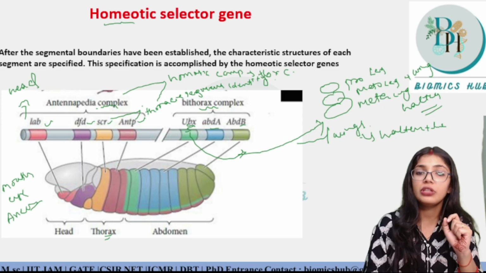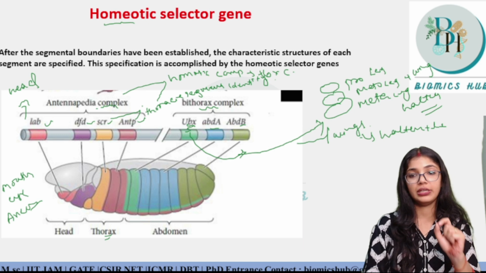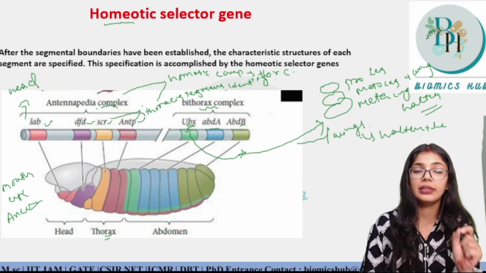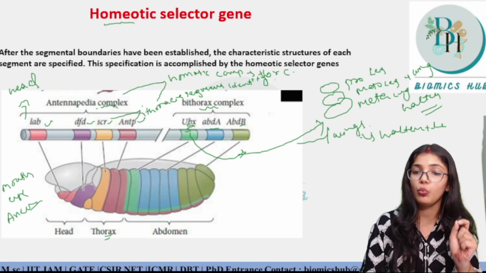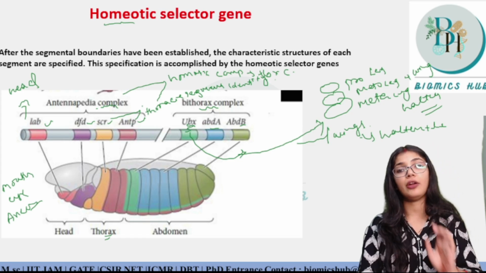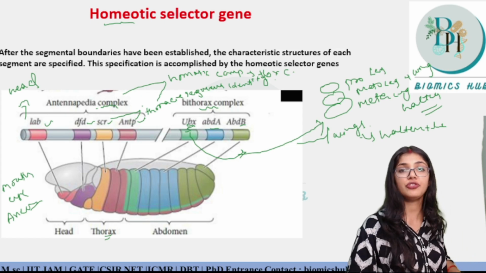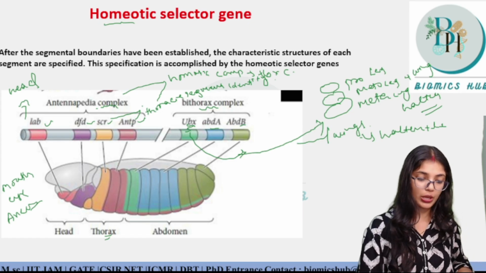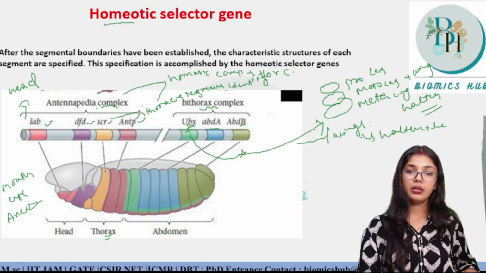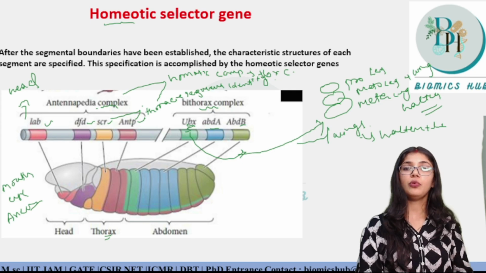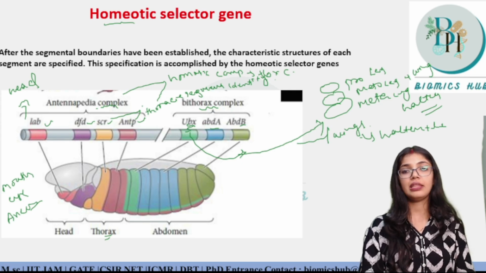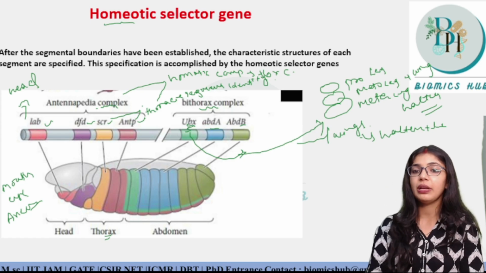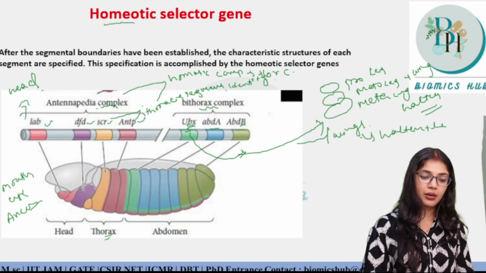The main function of the halter is to provide stability and help in balancing. Here we can see that in the prothorax there are only legs present. In the mesothorax there are legs plus wings, and in the metathorax there are legs plus halters.